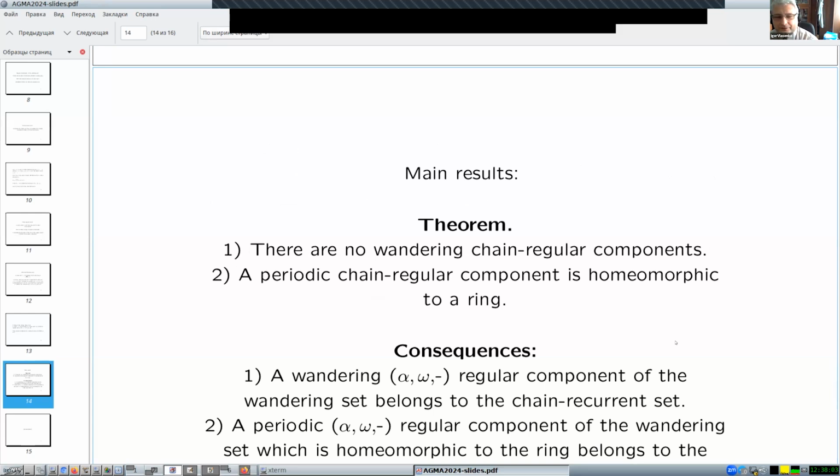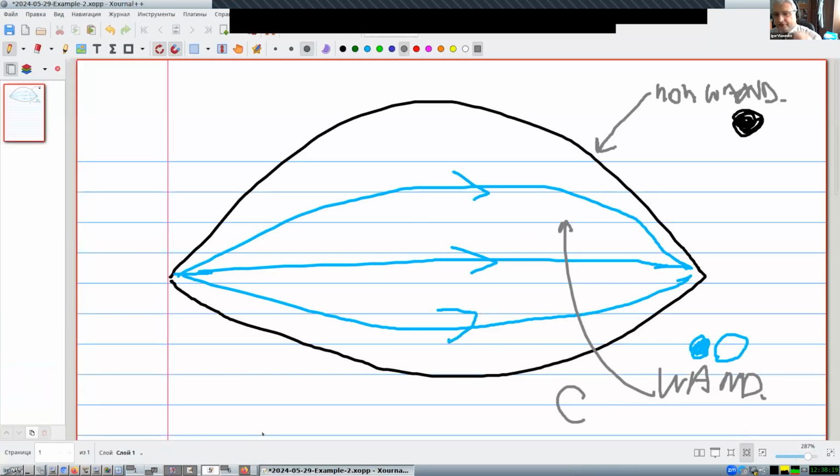That means that compared with classic Birkhoff results, when we consider chain regular components, we don't have the case when such a component is a disk. Consider this example. We have a subset of a dynamical system where the boundary is the non-wandering set.